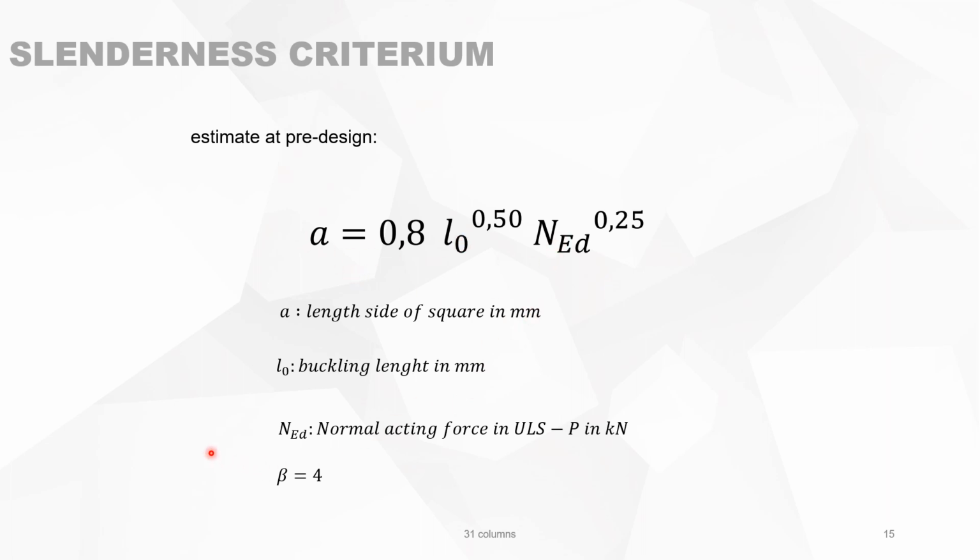And NAd is the normal acting force in ultimate limit state, permanent, in kilonewton. This formula implies that we have used a factor of 4, so it means that the slenderness is 4 times the limit value of the slenderness. This is a very easy formula to estimate in a very quick way the needed dimension of a column.